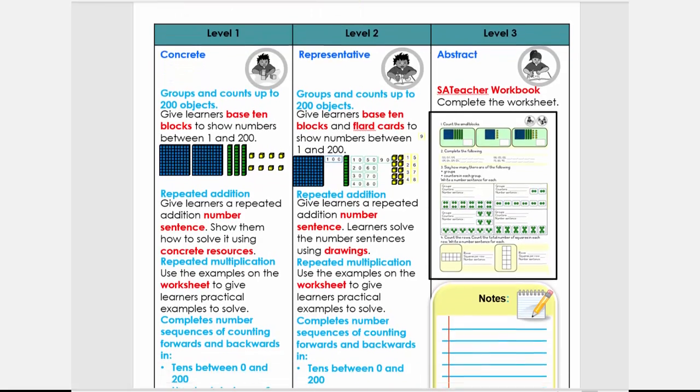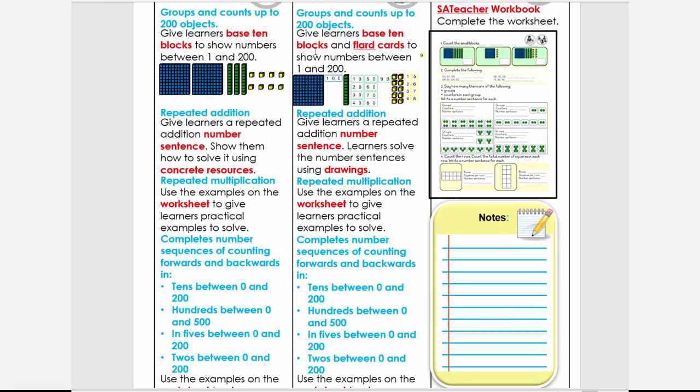Let's then go to the worksheet. So the worksheet, as we've done the last 4 lessons, we move from the concrete to the representative. What I say here, let's give the learners a repeated addition sentence. Like for instance, 2 plus 2 plus 2 plus 2. I repeat it 4 times.